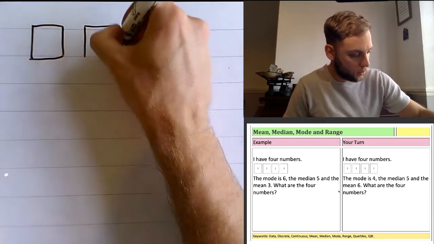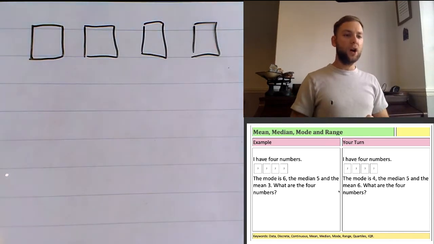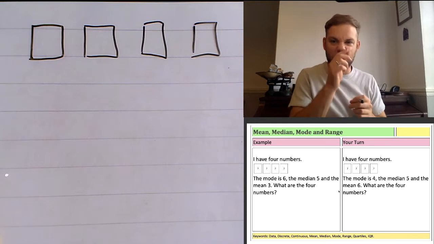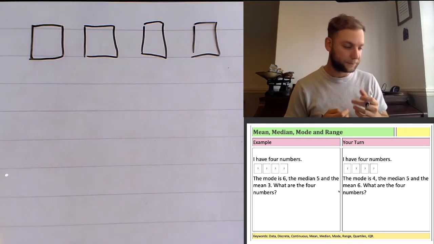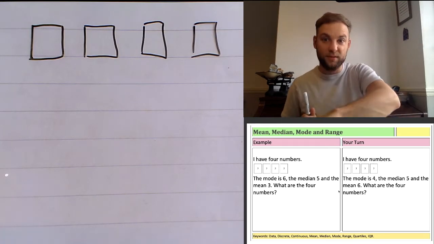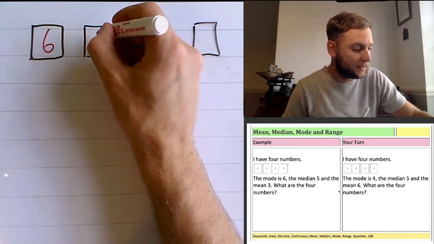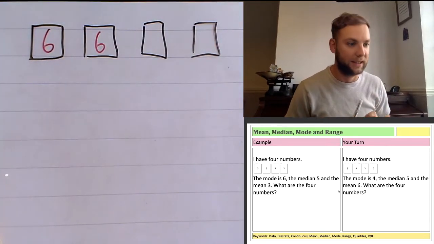So 1, 2, 3, 4. I know that the mode is 6. So actually I know that the most common number is 6. So 6 needs to appear the most. So it might even be worth, just to start off, putting in 6 in most common. So 6, let's put that twice in there. Let's assume that it's 6.